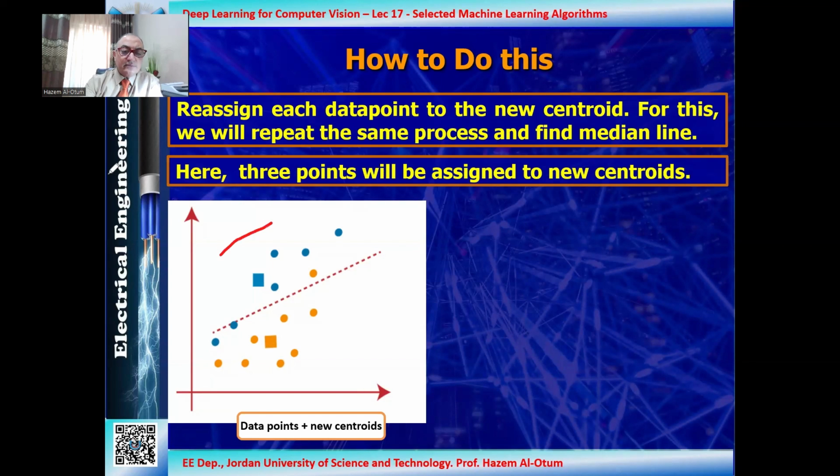This is the first cluster, and this is the second one, according to the distances measured. For example, the distance between this centroid and this data sample is lower than the distance between the other centroid and this data sample. This can be repeated for all data samples.